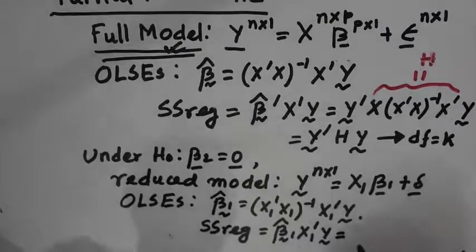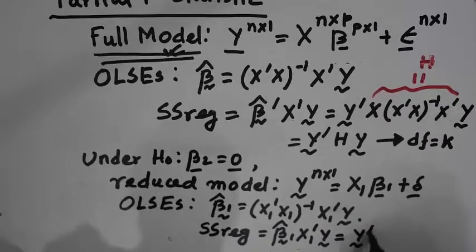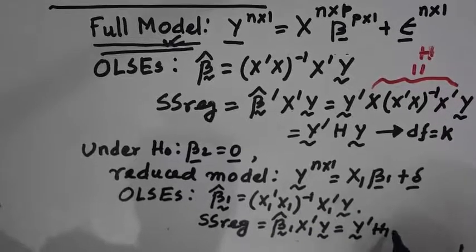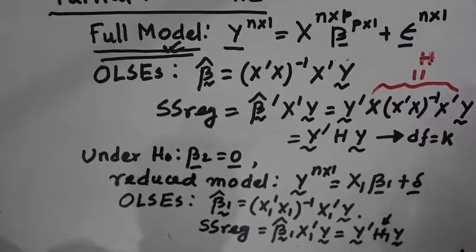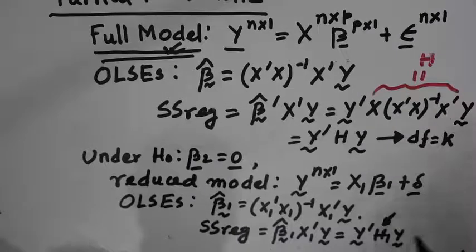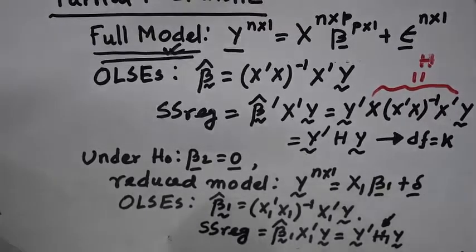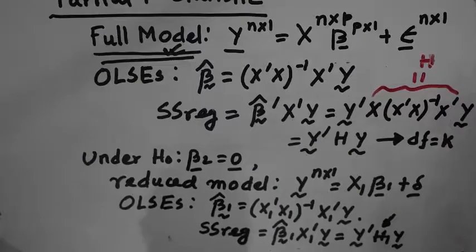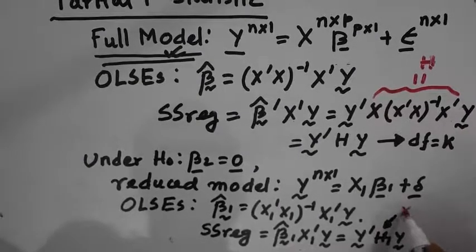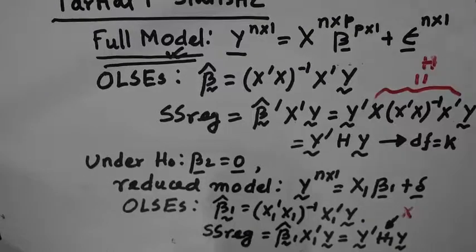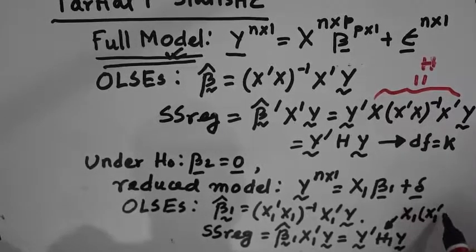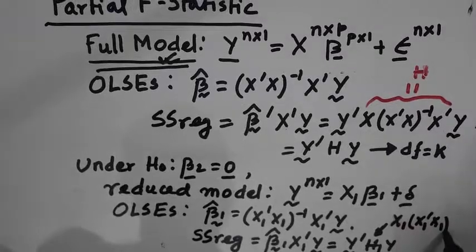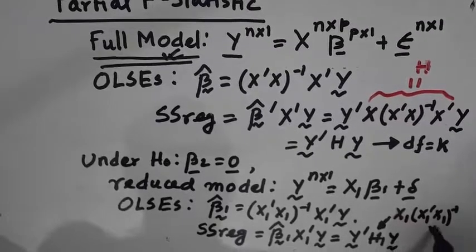So we write it as y curl prime H1 y curl, where this H1 is X1 prime X1 inverse X1 prime.